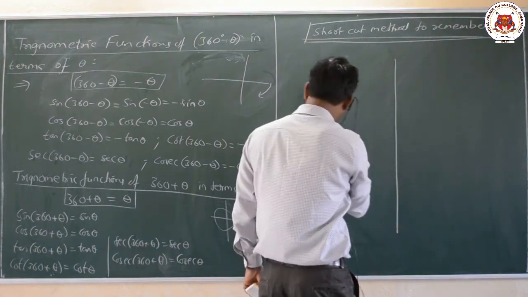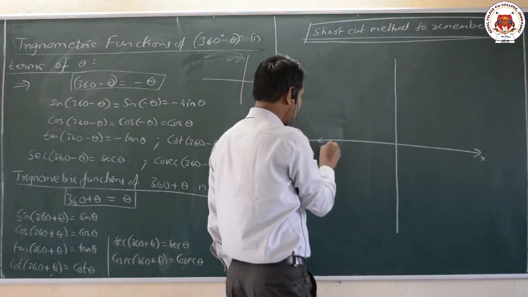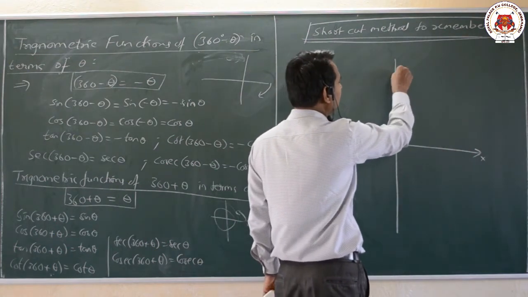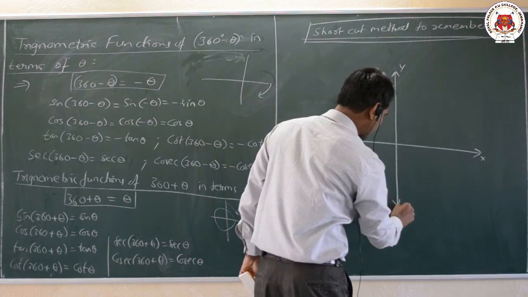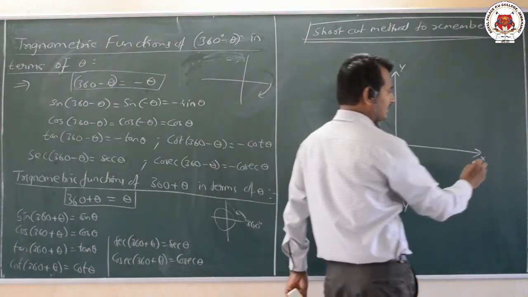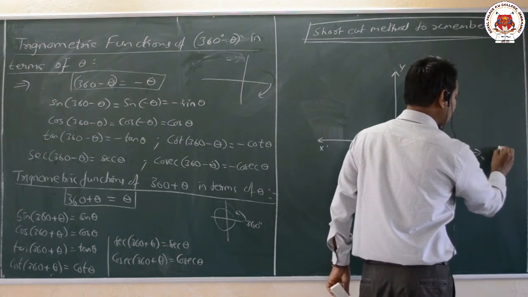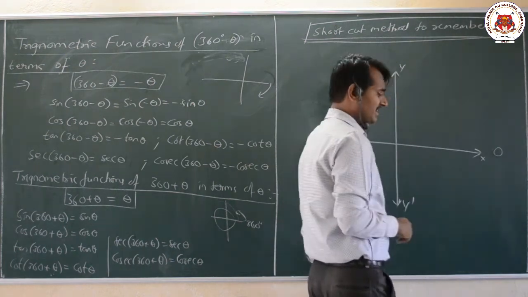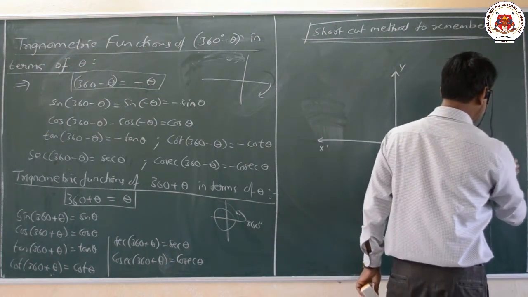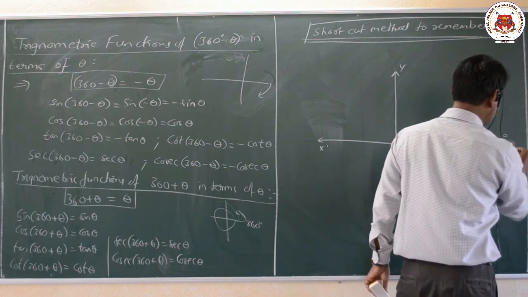Now let us start. That is nothing but here x axis, x dash, negative x axis, then comes our y axis, and y dash here. Now here it is our 0 degrees, or you can call it simply theta, or else 360 degrees.